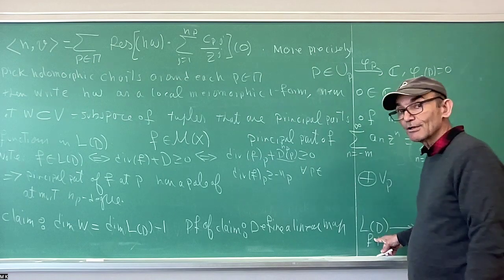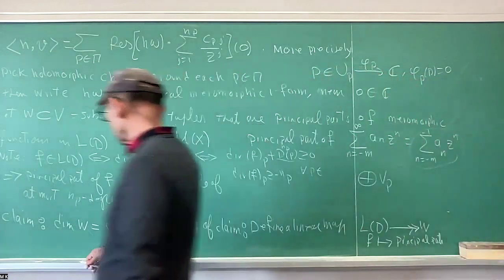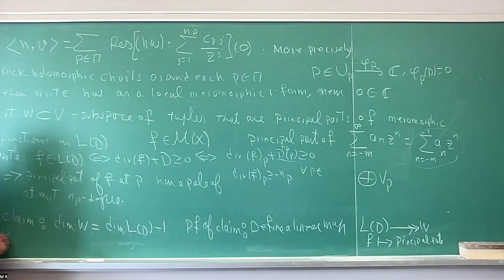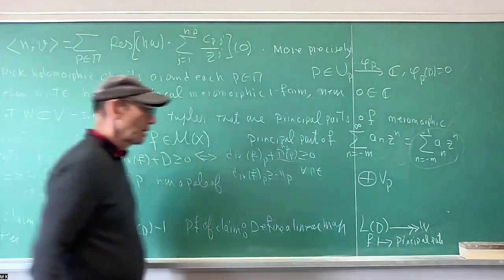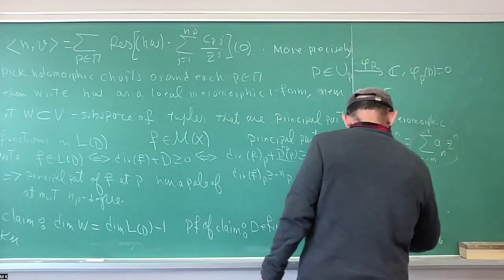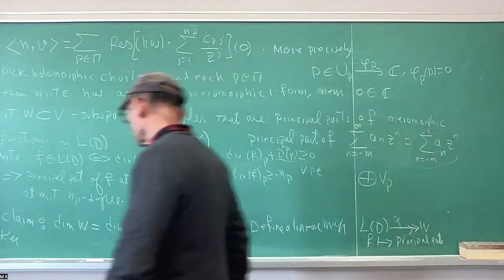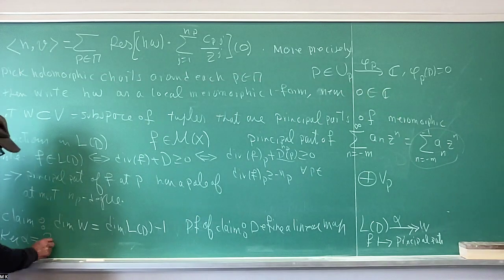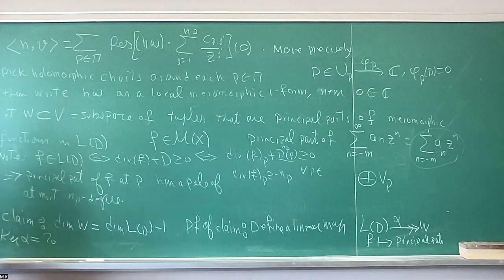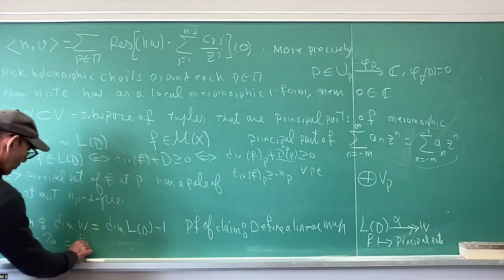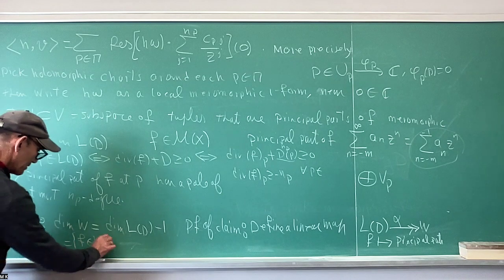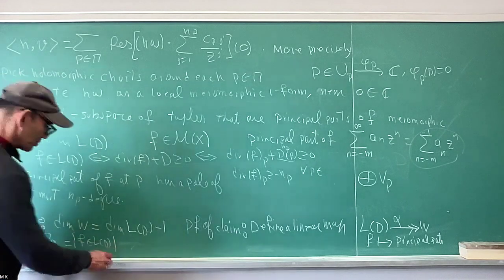Now the question is, what is the kernel of this map? Let me call this map alpha. The kernel of alpha is the set of all f in L(D) such that all principal parts vanish.